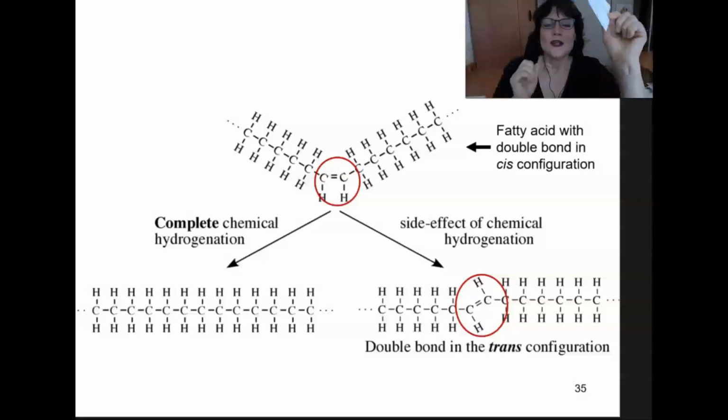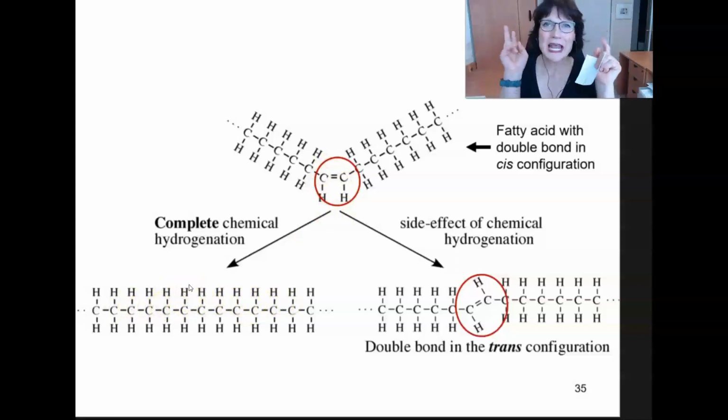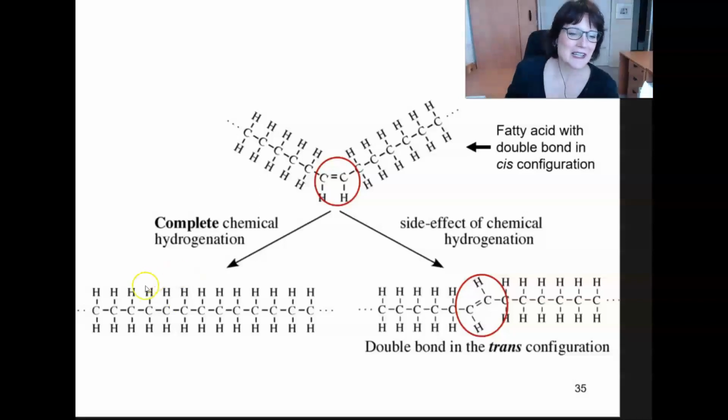Now, remember the hydrogenation process will take this double bond that makes oils liquid at room temperature and hydrogenate it and reestablish the saturated. You can think of it as saturated with hydrogens, because there's more hydrogens on this molecule than there were here. Here there's 2 more hydrogens than in the unsaturated.